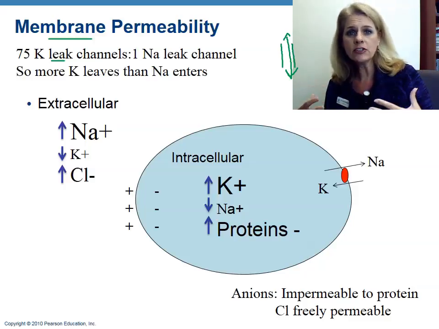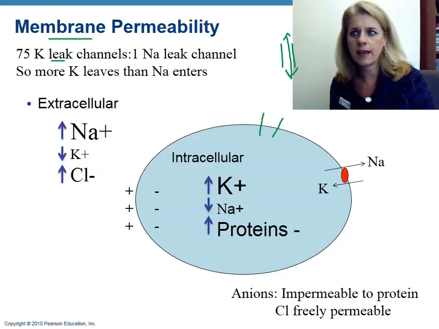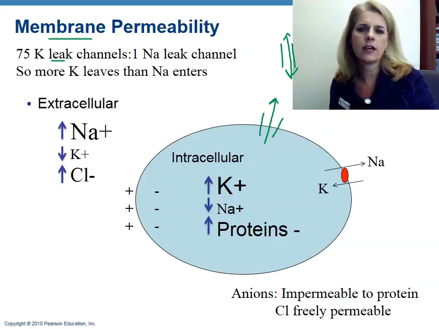So you have these leak channels that allow sodium and potassium to move from the high level to the low level. So for example, if you had a leak channel for potassium, potassium's higher on the inside than it is on the outside, it's going to diffuse out of the cell. Well, you have 75 leak channels of potassium compared to 1 of sodium.